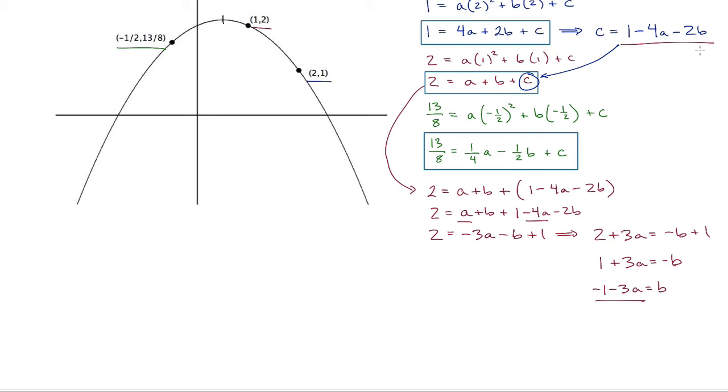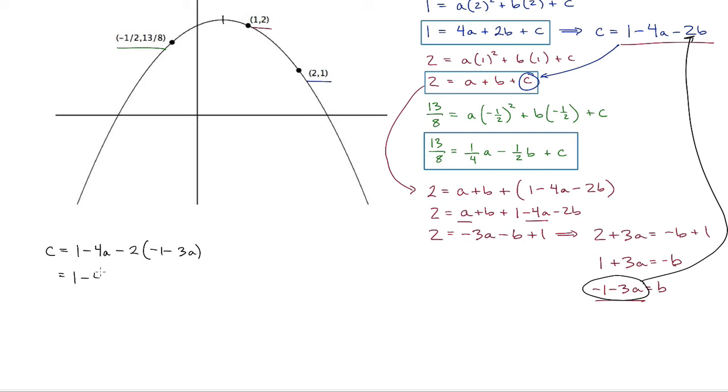So this is fun. Now we're going to take this b, and we're going to plug it in right there. So now I'm going to move over here. We've got c equals 1 minus 4a minus 2 times b, which is negative 1 minus 3a. And now I simplify.